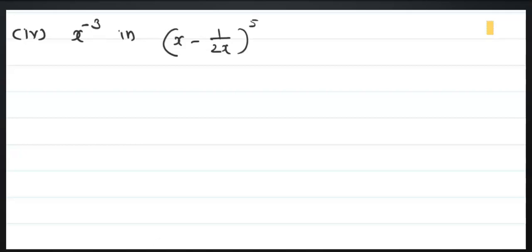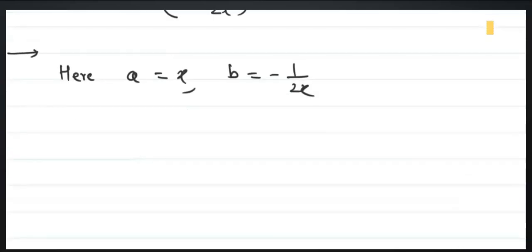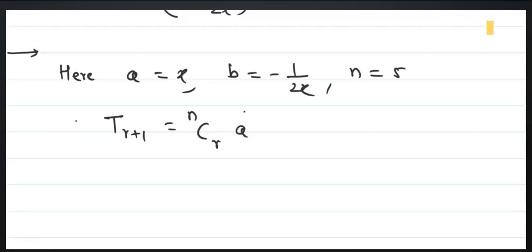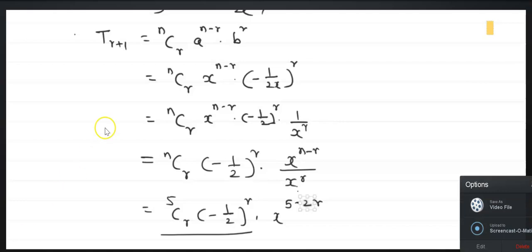Find the coefficient of x raised to minus 3 in the expansion of (x minus 1 upon 2x) bracket raised to 5. Here again a is equals to x, b is equals to minus 1 upon 2x, n is equals to 5, and again the formula, see this formula, that is T r plus 1 is equals to nCr a raised to n minus r, b raised to r.